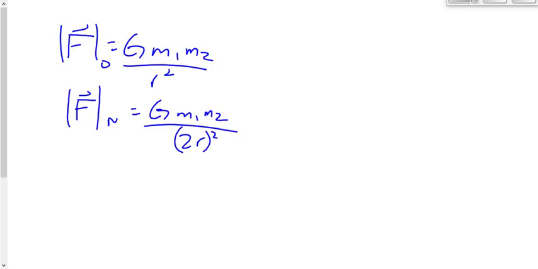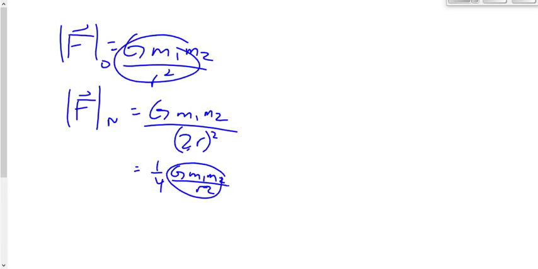It's twice that, right? Which if I square that and bring it out, it becomes... so we just say the new force is a quarter of what the force was. Okay, it becomes a quarter of what we expect because it was squared there.